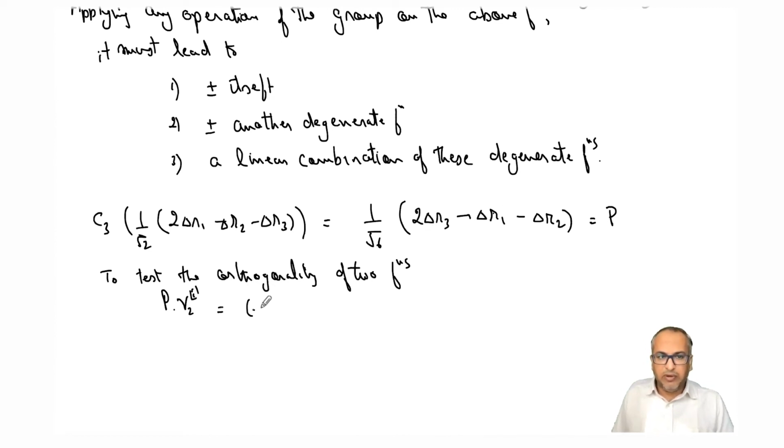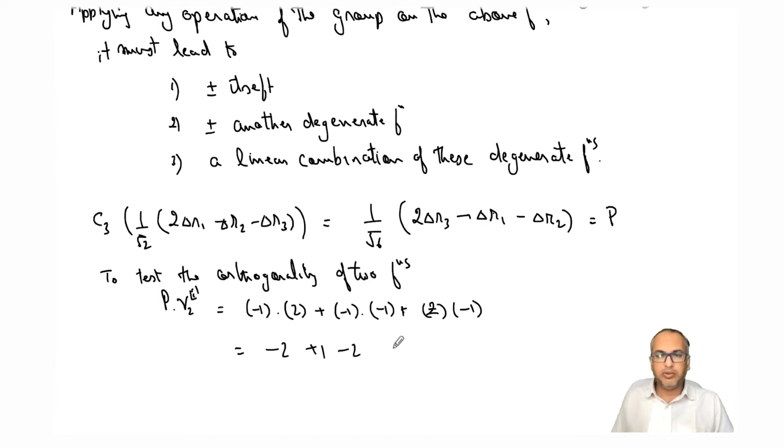So for delta R1, I have minus 1 here and 2 here, plus minus 1 here and minus 1 here, plus 2 here and minus 1 here. So this becomes minus 2 plus 1 minus 2. This is not equal to 0, so it is not orthogonal.